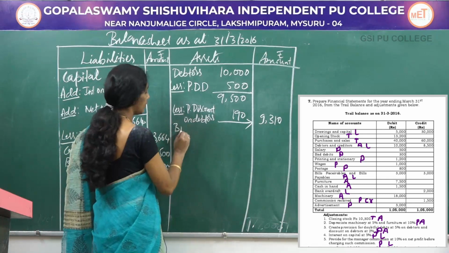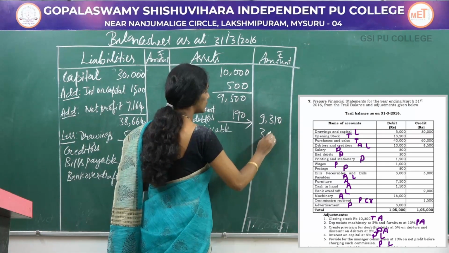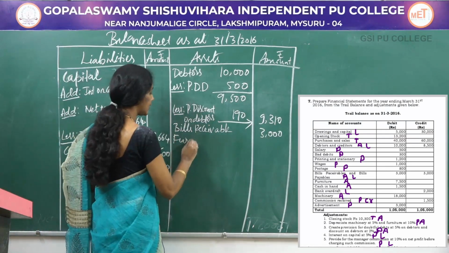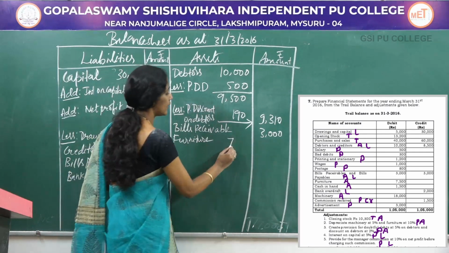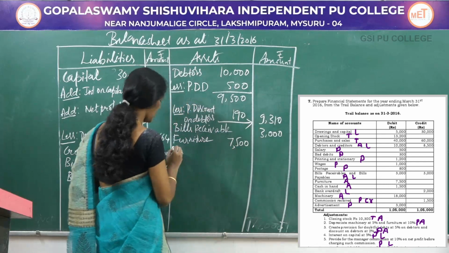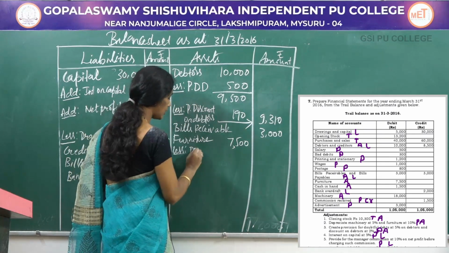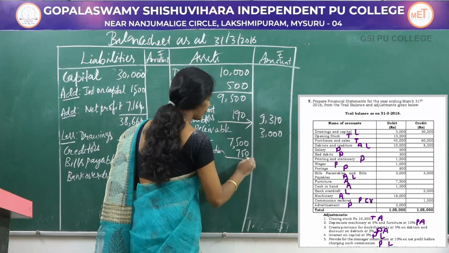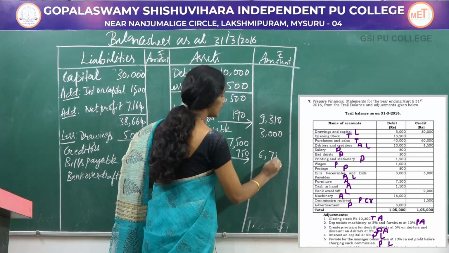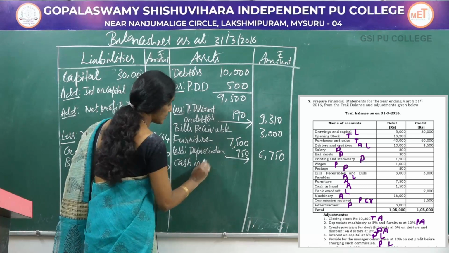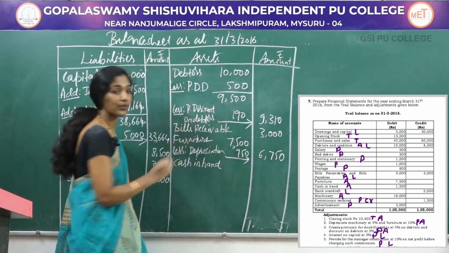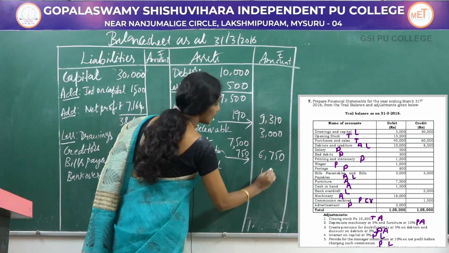Next, bills receivable 3,000. And next asset is furniture. What is the amount of furniture? 7,500 less depreciation 750. So you will get 6,750. Next, cash in hand. What is the amount of cash in hand? 1,500.